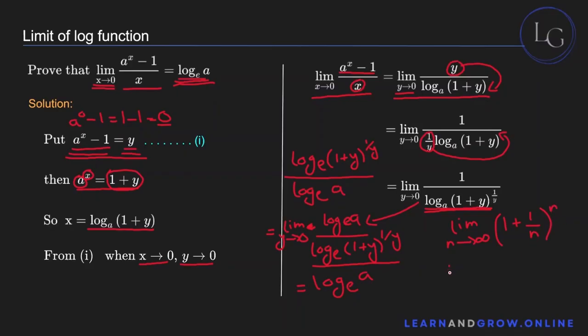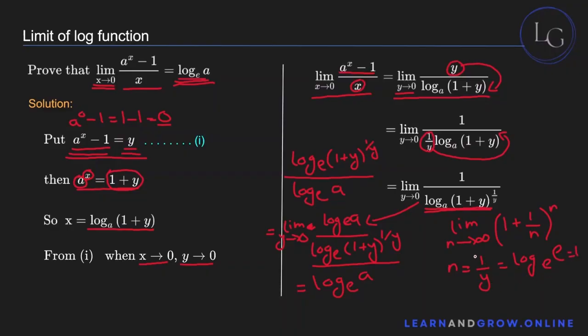If you take n is equal to 1 by y, and you replace the n terms with equivalent y terms, you get this. And this was equal to the logarithm of e, which is equal to 1.